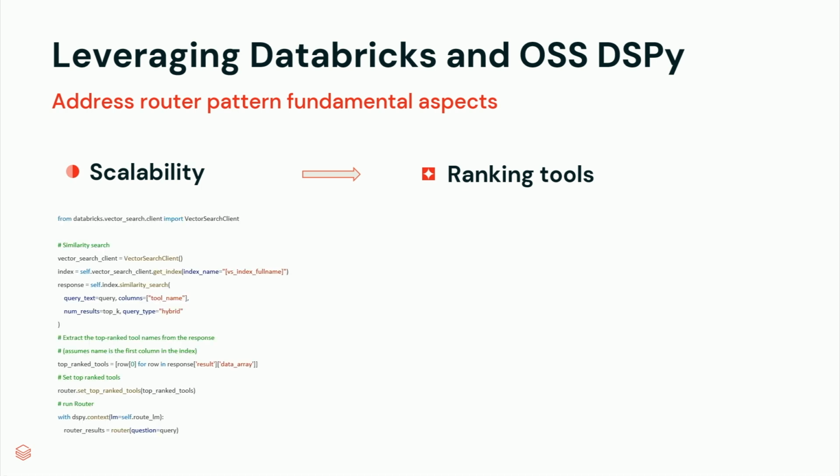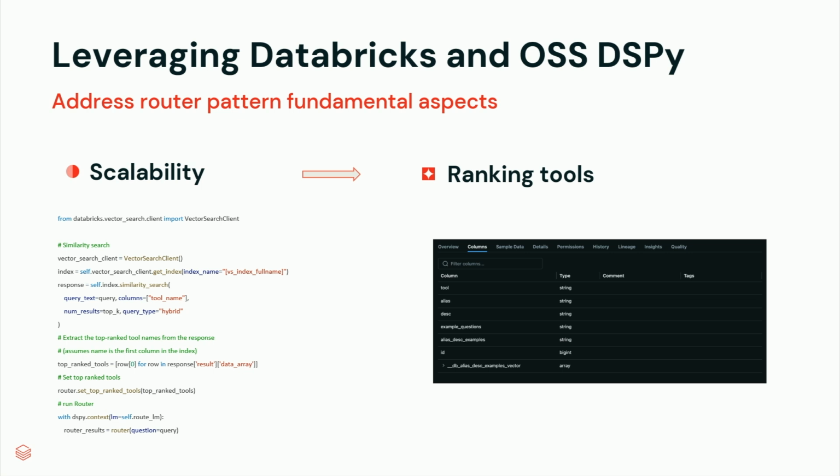The code is very simple. If you're familiar with the vector search client, you just instantiate it and use it to retrieve the top-N tools based on similarity search, and then that's what you pass to the router. Now, there is a step you need to take ahead of time.